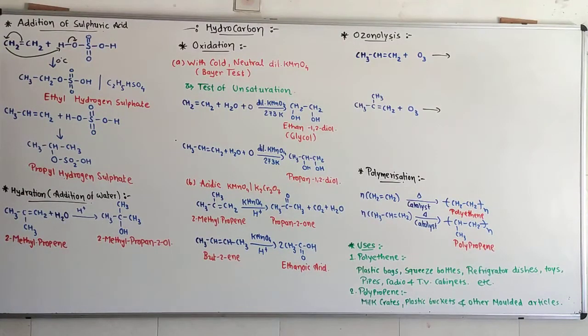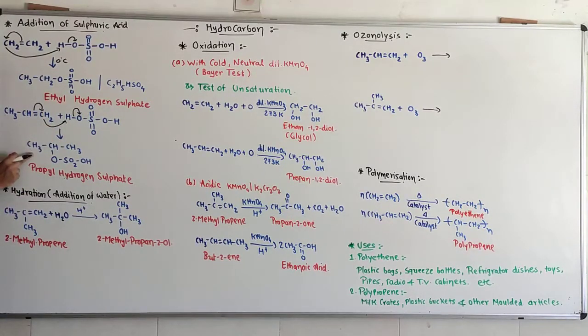Now, what if we have an asymmetrical molecule, such as propene? In propene, we have to follow the Markovnikov rule. So, what is the Markovnikov rule? The carbon containing fewer hydrogens gets the negative part. So, here, one electron will be on the oxygen. And the electron of the pi bond will be on the first carbon, because a secondary carbocation is more stable. So this carbon becomes positive, this carbon becomes negative, and the negative carbon gets the hydrogen.